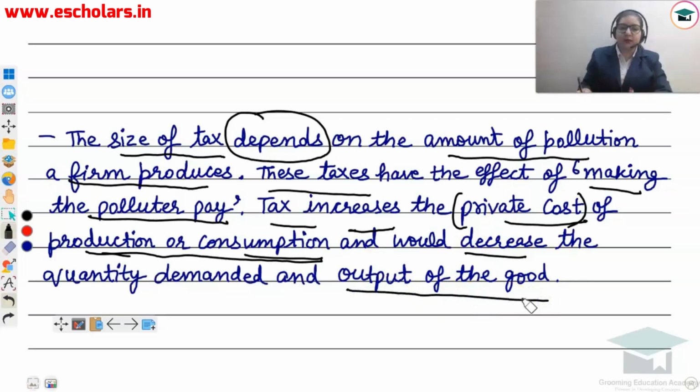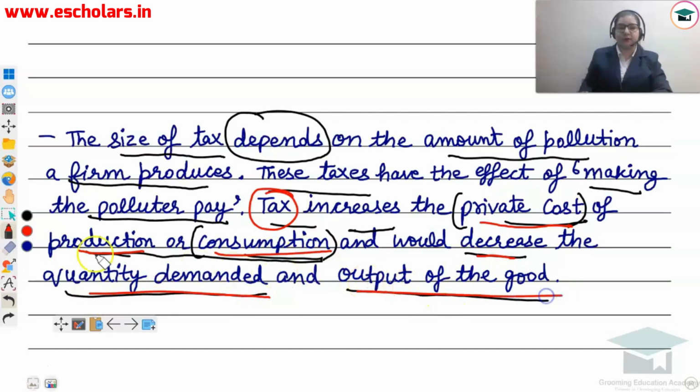And those who consume the goods and services which create the pollution will also decrease the quantity demanded, because the burden of such pollution tax will definitely be charged from the consumers. Okay, so the effect of tax is that it increases the private cost of production or consumption, which would decrease the quantity demanded and the output of the good.